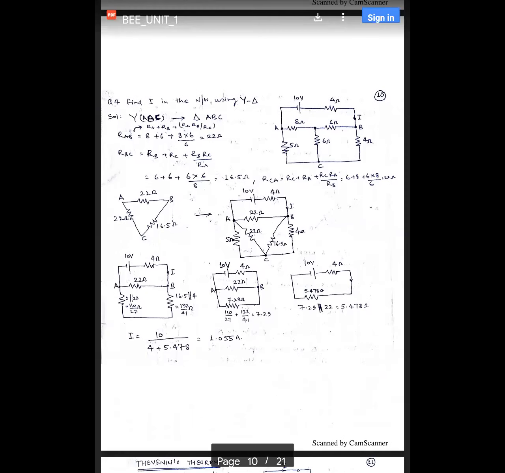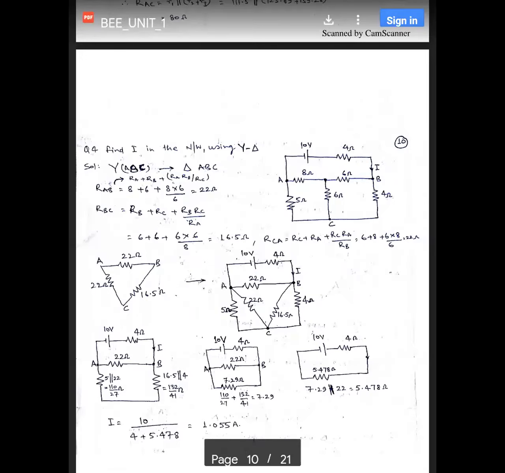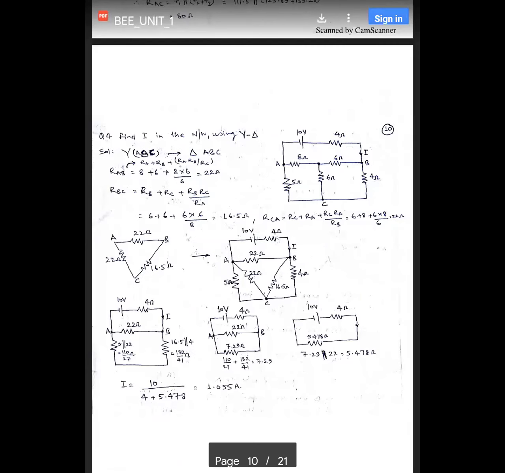So we have to find the current in the given circuit. I have explained earlier what the need is of solving all these DC network circuits.